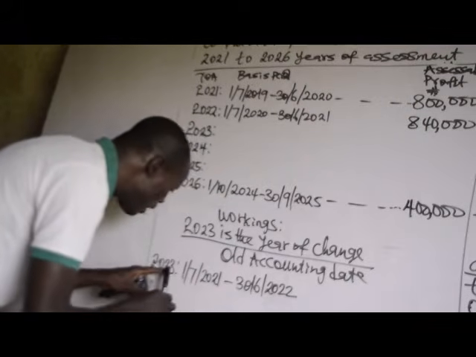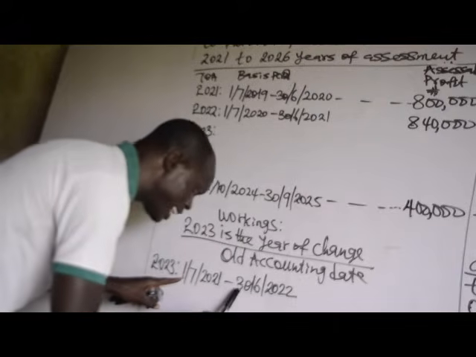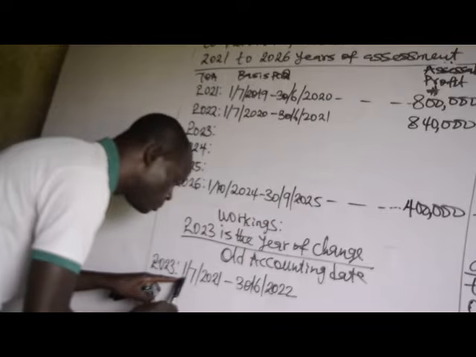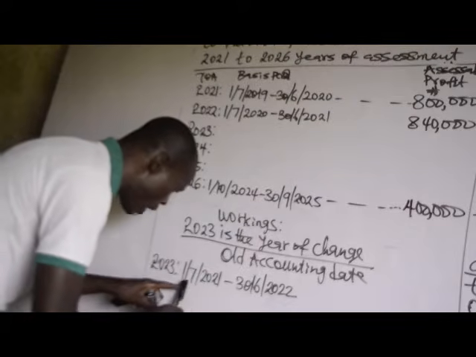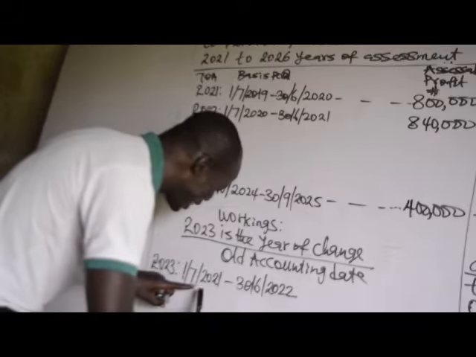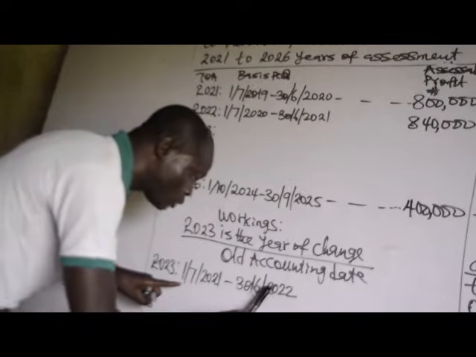Therefore, the basis period for 2023 year of assessment will end as at 30th of June 2022. Therefore, it must have started from 1st of July 2021, PYB. Therefore, you look for the profit that is in line with this basis period from 1st of July 2021 to 30th of June 2022.